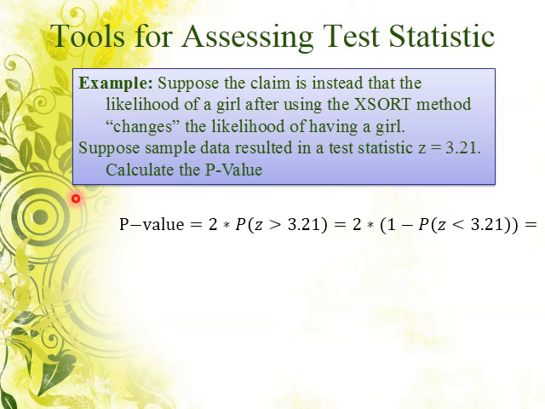So the p-value is going to equal 2 times the probability that our z-score is to the right of 3.21, which is 2 times 1 minus the probability that z is less than 3.21. Like we found in our previous problem, that right-tail probability is 0.0007. So we multiply that by 2 and we get 0.0014. So our p-value in this case, because it's a two-tailed test, is 0.0014.